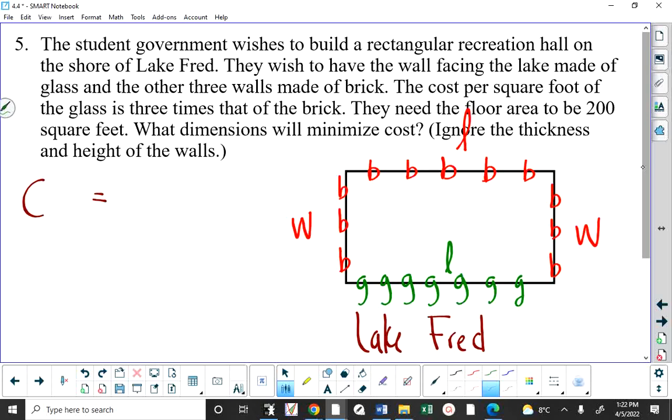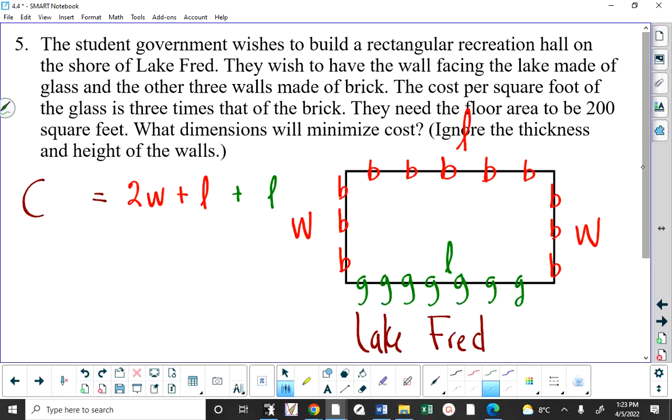The cost. Do you agree that the longer the walls are, the greater the cost is? In other words, the cost is related to the perimeter because it's so much per foot of wall. So the perimeter would be W plus W plus L plus L. That would be the perimeter.